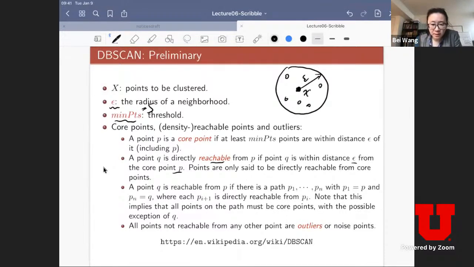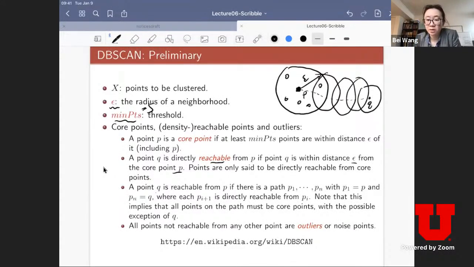And then the third notion is a path. A point Q is reachable from a point P if there is a sequence of points so that they are all within epsilon balls of each other. Basically, this means there is a continuation of pretty dense regions going from one point to another.